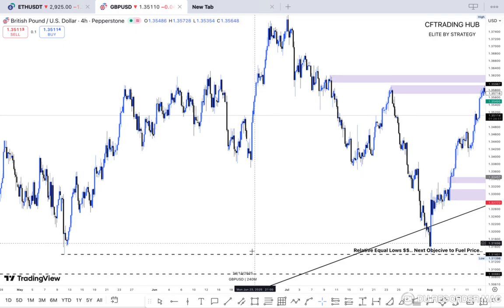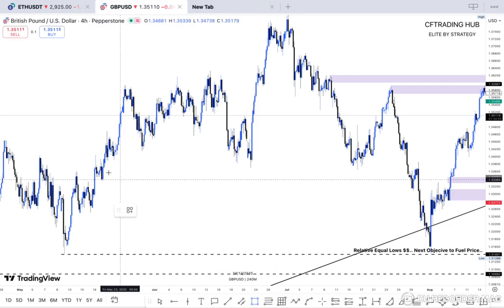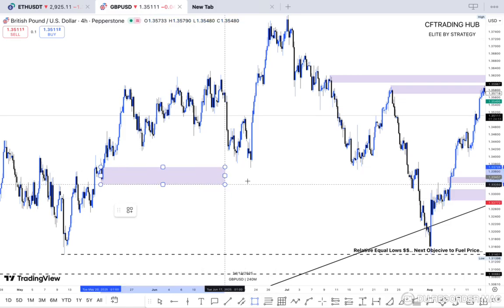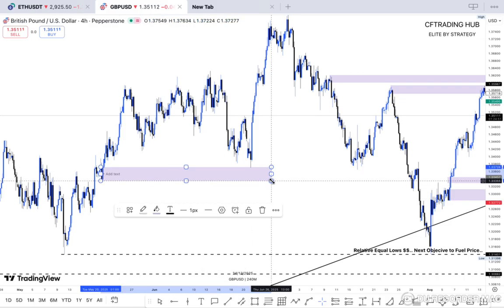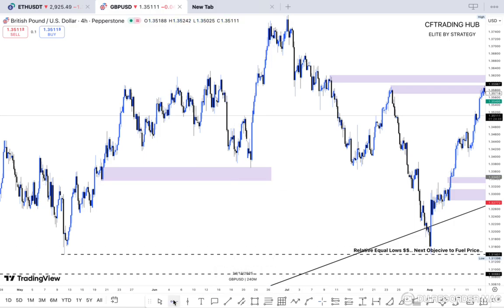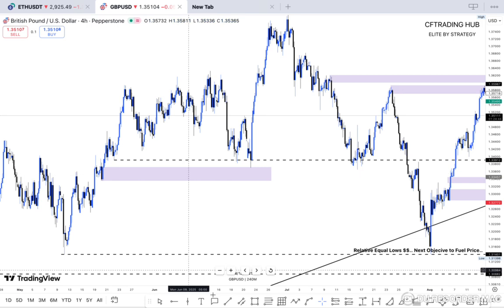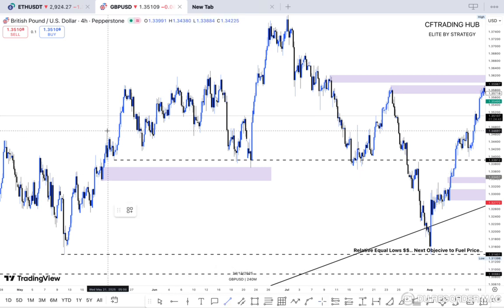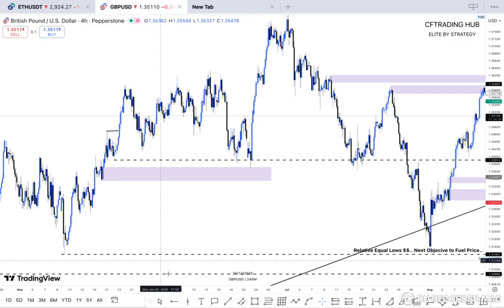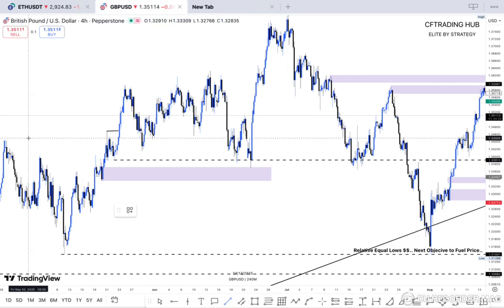This is another block over here too. So this is an inducement, but we'll go into the concept of inducement later. This is an inducement and this is a break of structure over here. This is also a break of structure. After forming this particular order block, this is a break of structure over here too.